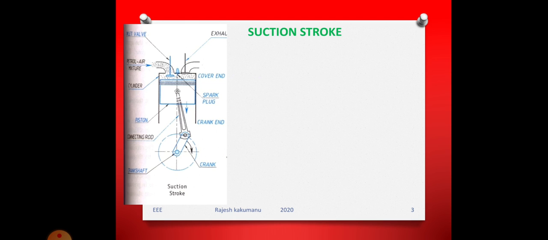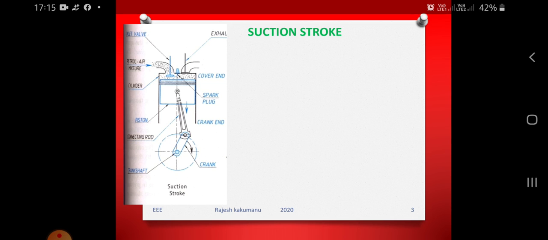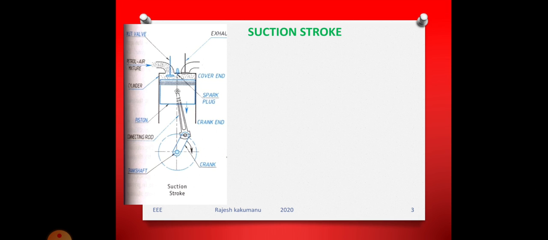From the left-hand side the petrol and air mixture is coming inside through the valve. Here we have the cylinder, the cylinder cover, the spark plug at the center, and the piston, connecting rod, crank and crankshaft.